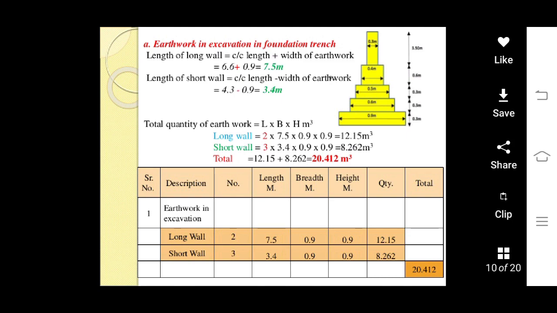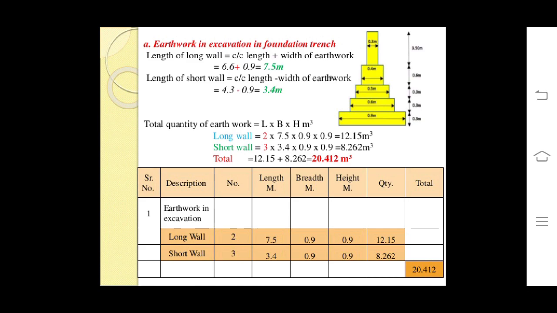The length of the short wall is equal to center length minus width of earthwork, that is 4.3 minus 0.9, that is equal to 3.4 meters.